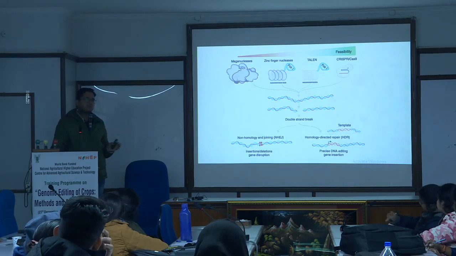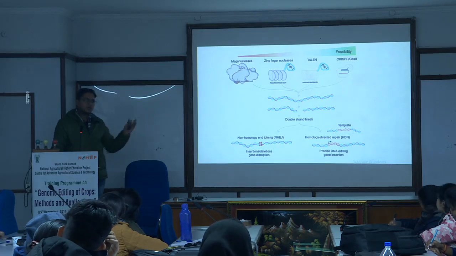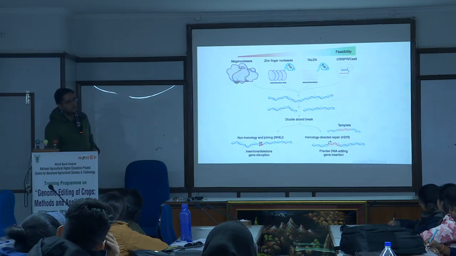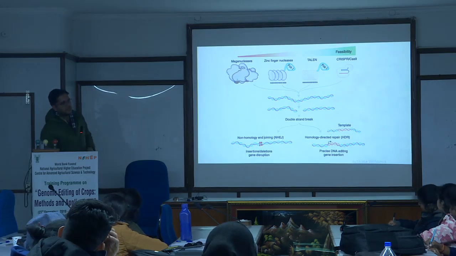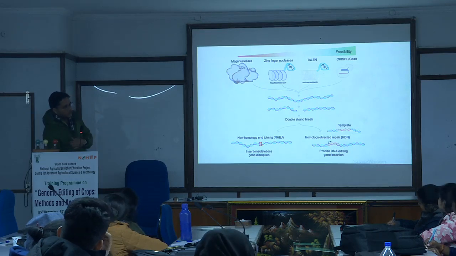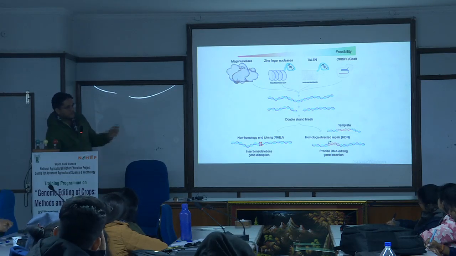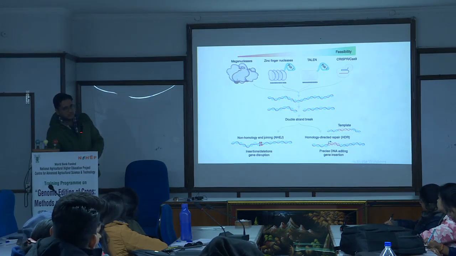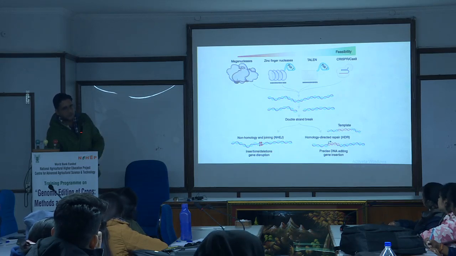There is a very famous example in wheat where genes present in 3 different chromosomes were targeted by TALEN. It was even the first paper in plant sciences wherein TALEN was used to target a site-specific gene in wheat. But the important thing is that these technologies are very complex in design, so it is very challenging to design these molecules to target your specific gene of interest.